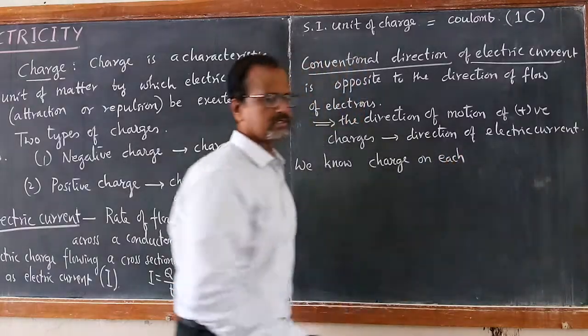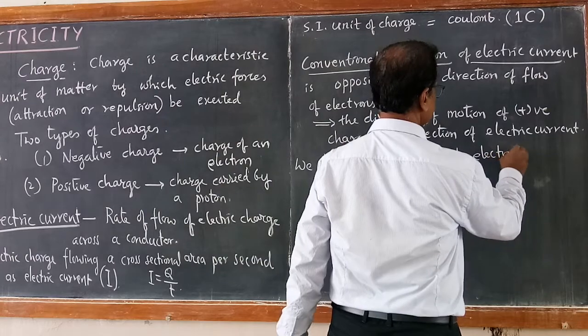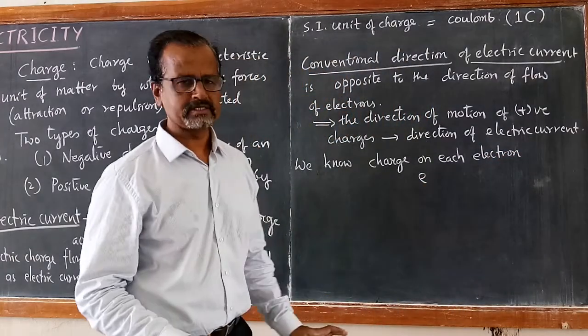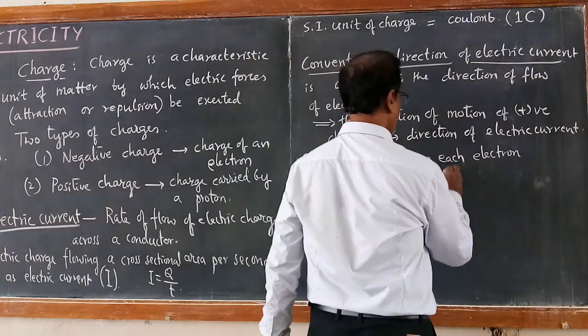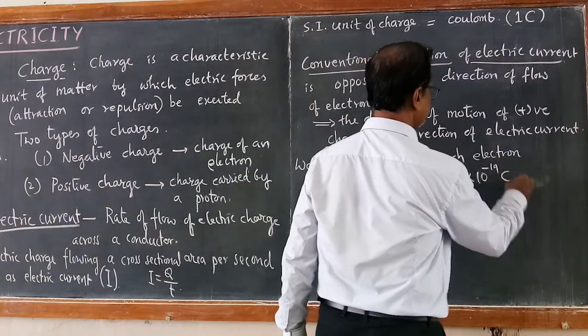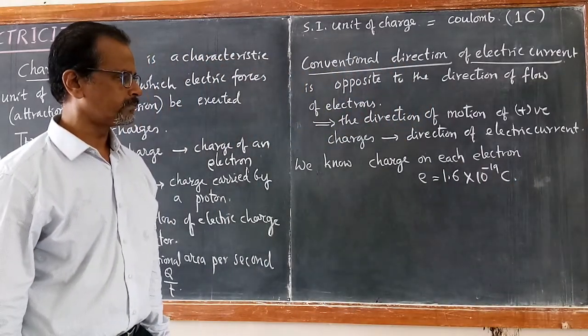It is fixed. The charge on each electron is denoted by small e. It is a negative charge. Small e equals 1.6 into 10 raised to minus 19 coulomb.